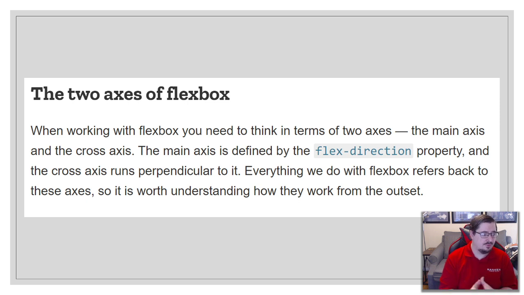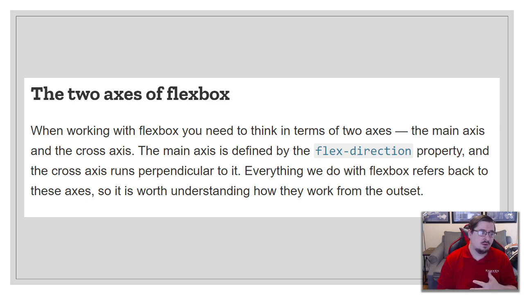So remember that Flexbox is a one-dimensional layout model. When we're talking about that, however, we always have two axes. The first axis we'll refer to as the main axis, and then we'll refer to the other as the cross axis. Which way those are, whether horizontal or vertical, depends on the flex direction property.